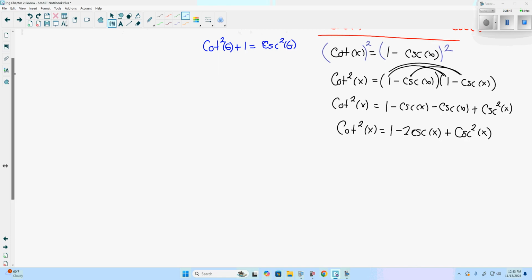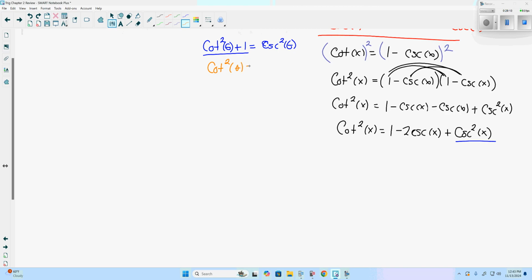It's tempting to just replace cosecant squared here with cotangent squared plus 1, which does give us cotangent squared on both sides. That's fine, but we also have a cosecant to the first power. We would have two different trig functions. So we can't necessarily just use this as it is.